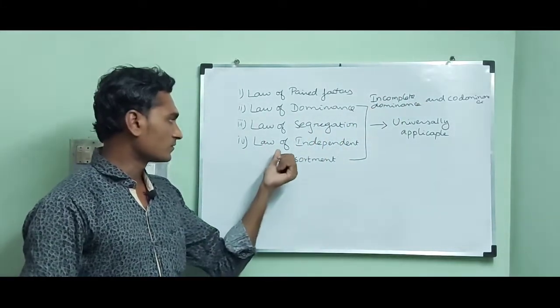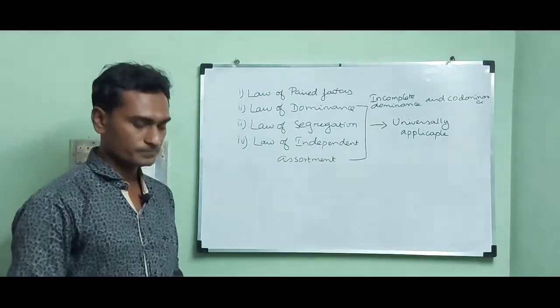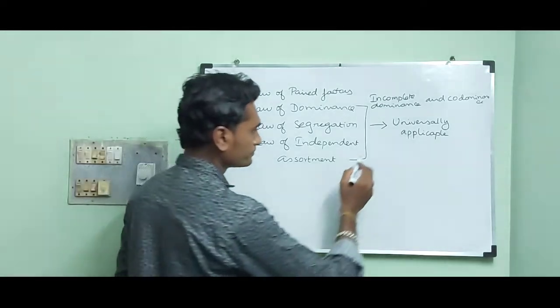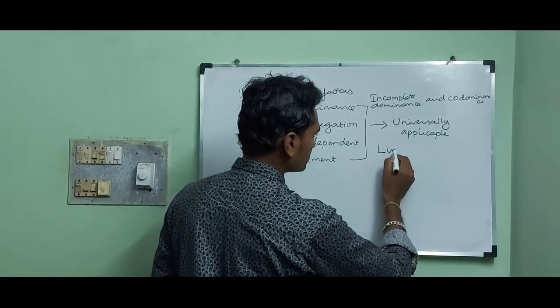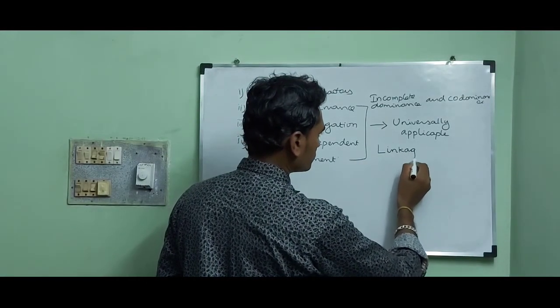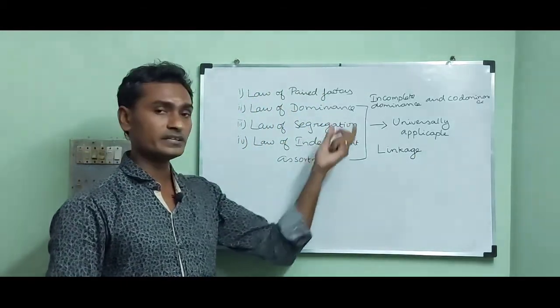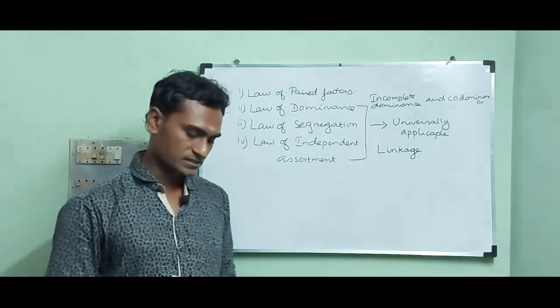The law of independent assortment is not applicable in situations like linkage. So, the only law universally applicable for any cross is the law of segregation.